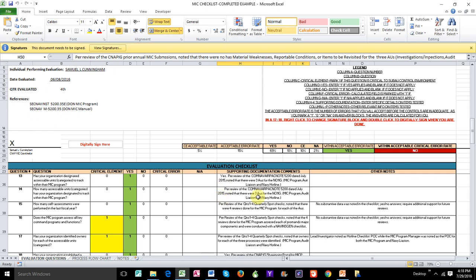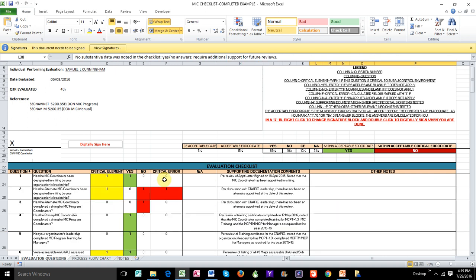this is a checklist that looks slightly different than the one that you see, because this is one that I use when doing my own reviews, and it looks slightly different because I like to see what the error rate is, and I put an acceptable error rate in there for me, and I do things like see which one of the questions is a critical element.